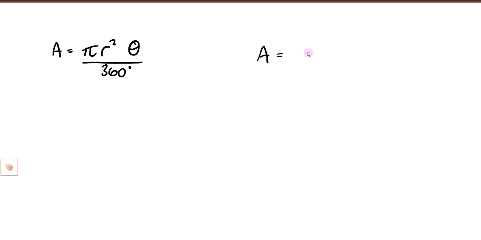It was the theta over 360. Yeah, so theta divided by 360 multiplied by, that was an arc length, so the area would be pi r squared. So do you remember we had, it's a fraction of the entire circle, right? So theta out of 360 is the fraction of the entire circle.